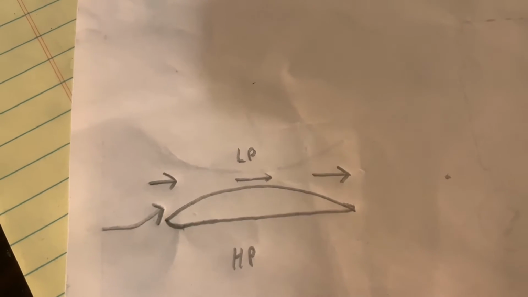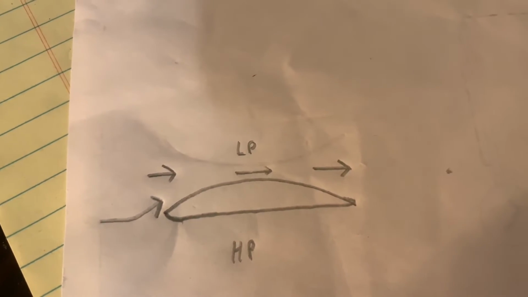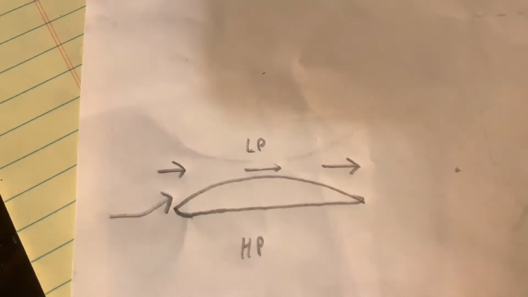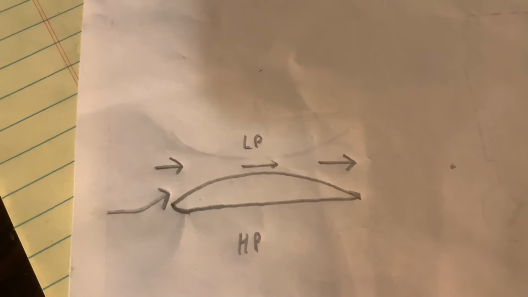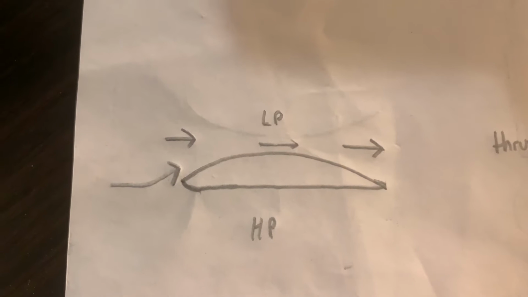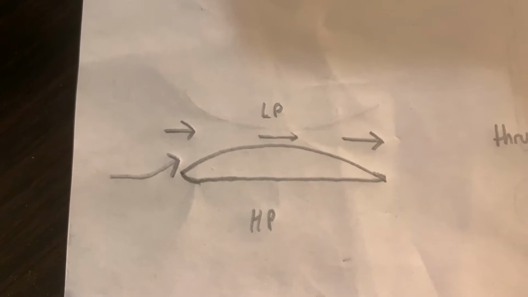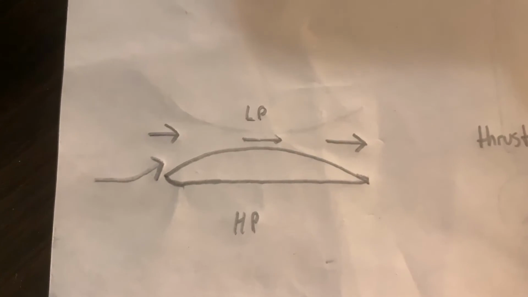Now we're going to get into the four forces of flight that make an aircraft stay flying. We figured out how we get our lift, which is one of the four factors of flying.